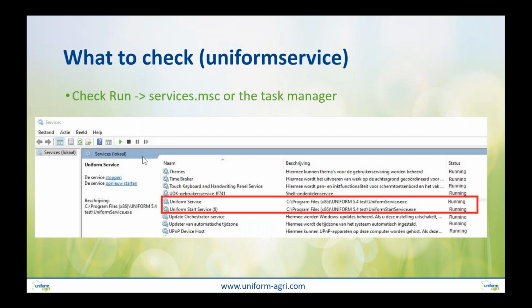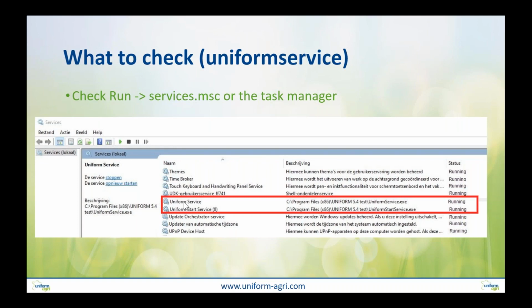Then there's the Uniform service. You can check it by going to Windows Run and then typing services.msc, or through the task manager. The Uniform service is a small helping program that we use in Uniform, and it does a lot of things like communicating with the app and making reports, but it also is used for quite some links these days.